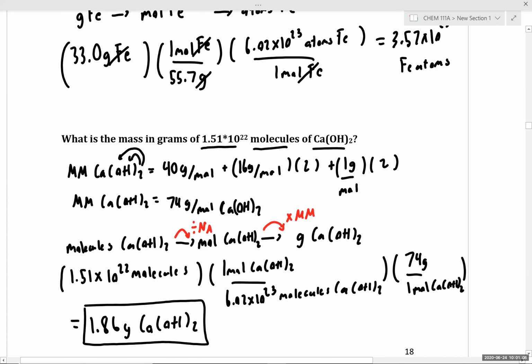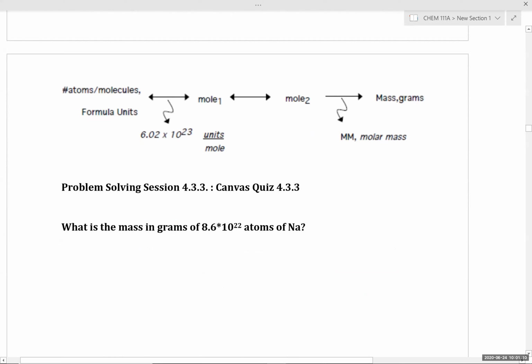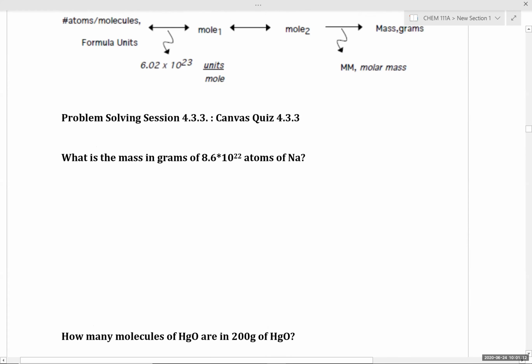If not, let's now attempt in a problem-solving session the following 2 conversions. So I'd like you to tell me the mass in grams for a known number of atoms of sodium, and I'd like you to tell me the molecules of mercury oxide in 200 grams of mercury oxide.